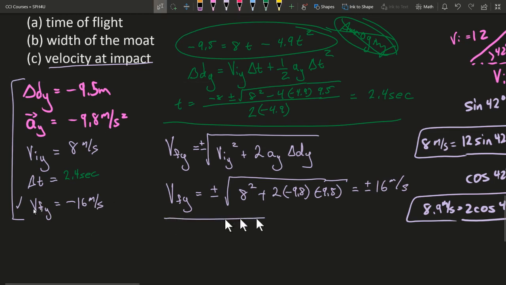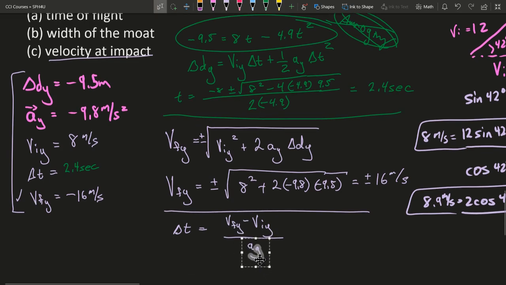In order to find the flight time, I know that the flight time is equal to the final velocity y minus the initial velocity y, over the acceleration due to gravity, which is the acceleration in the y direction.